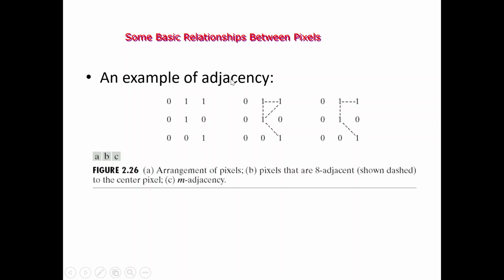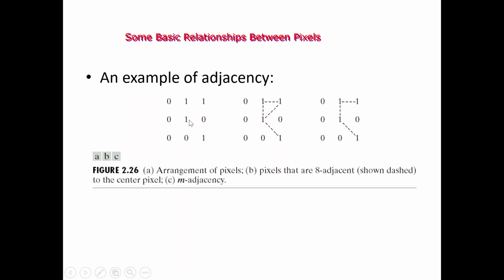It means only two pixels where the values of P and Q are 1 can be adjacent. If we want to check this pixel and this pixel, 0 and 1, are they four adjacent, eight adjacent, m adjacent, yes or no?